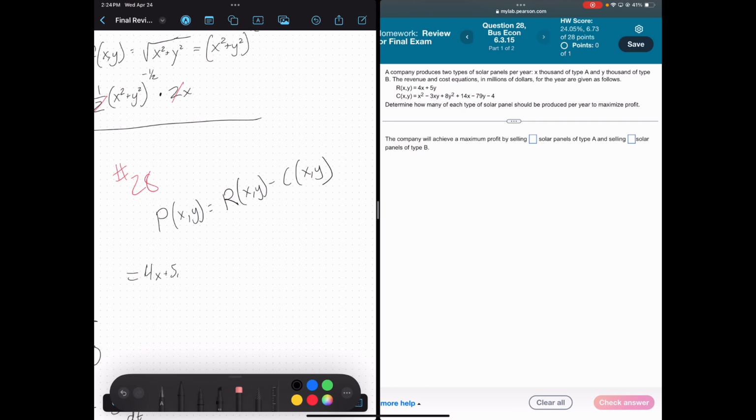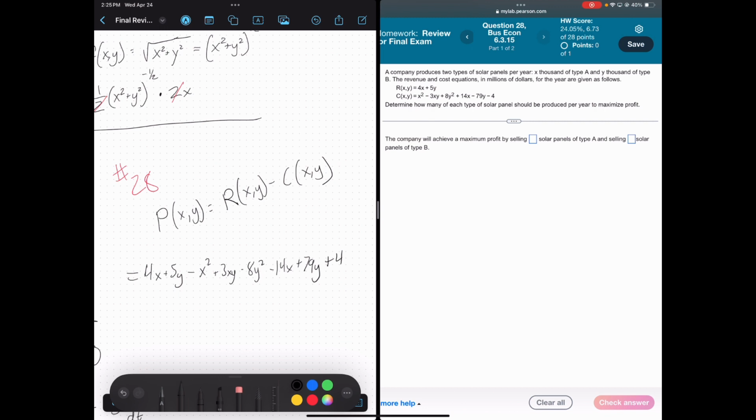Okay, so in my case, I get 4x plus 5y minus x squared plus 3xy minus 8y squared minus 14x plus 79y plus 4. Why did I switch the signs for all of my cost ones? Because I'm subtracting, right? I switched the signs for all of the terms in my cost equation.